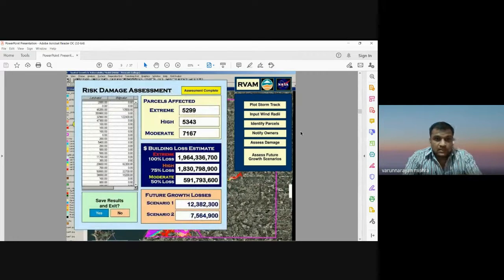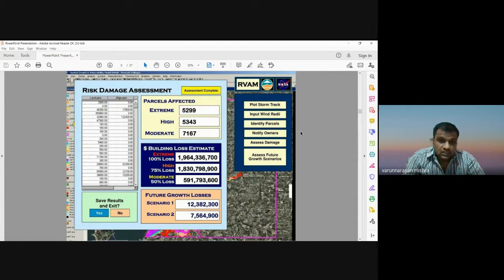so this is the risk damage assessment, which means it is expected that in case of a storm, there may be three different affected areas. Some areas of that region will be extremely affected, some areas will be highly affected, and some number of houses will be moderately affected.